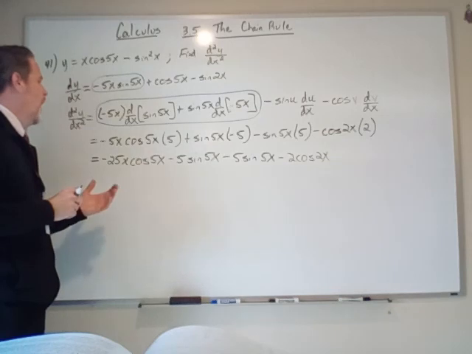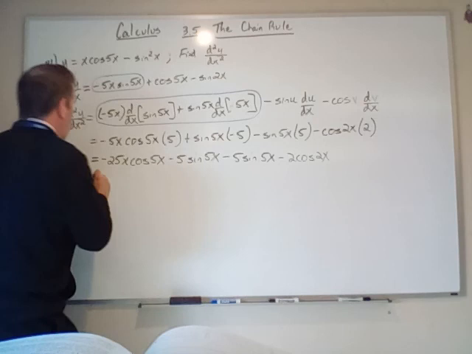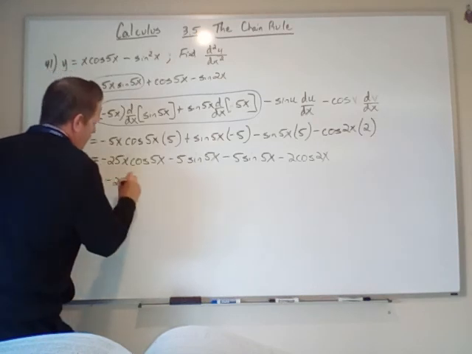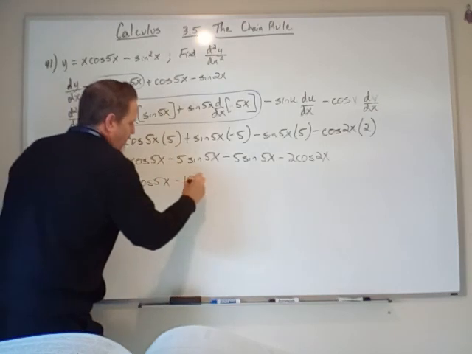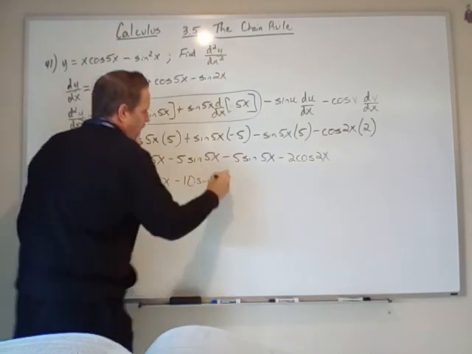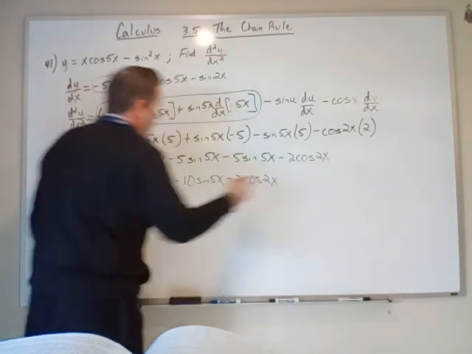Okay, so looks like we got the same terms here, so we can combine those. Negative 25x cosine 5x minus 10 sine 5x minus 2 cosine 2x.